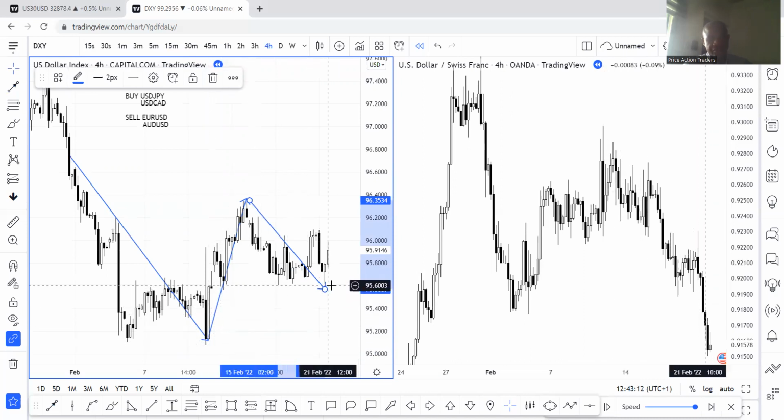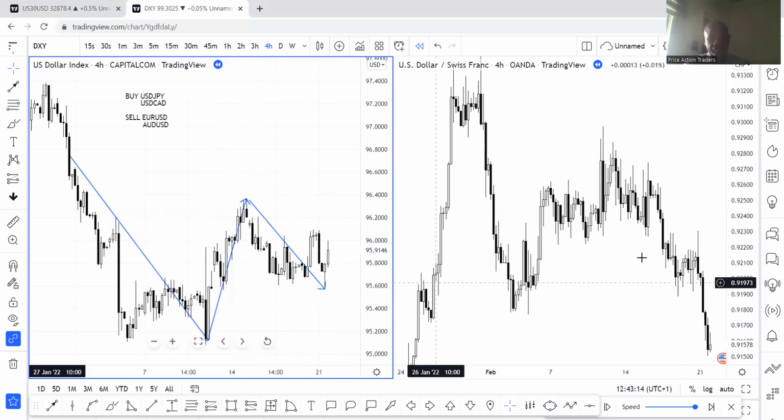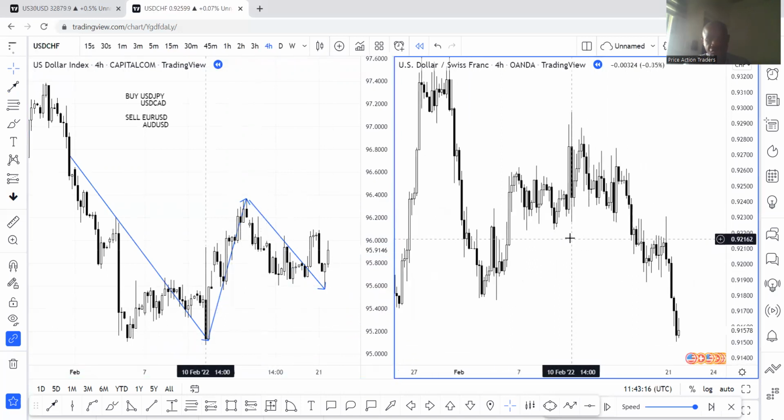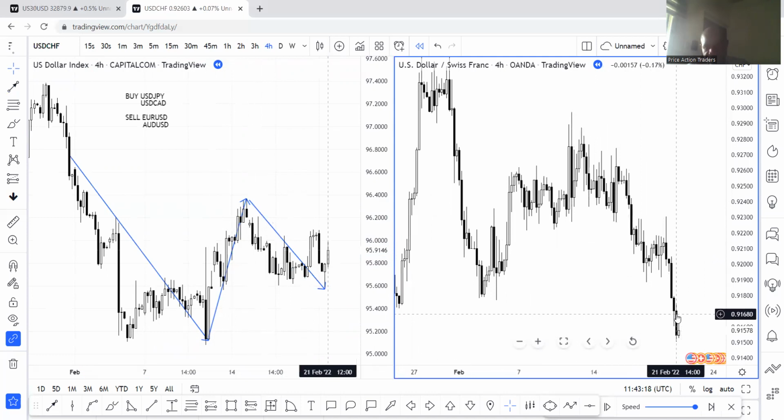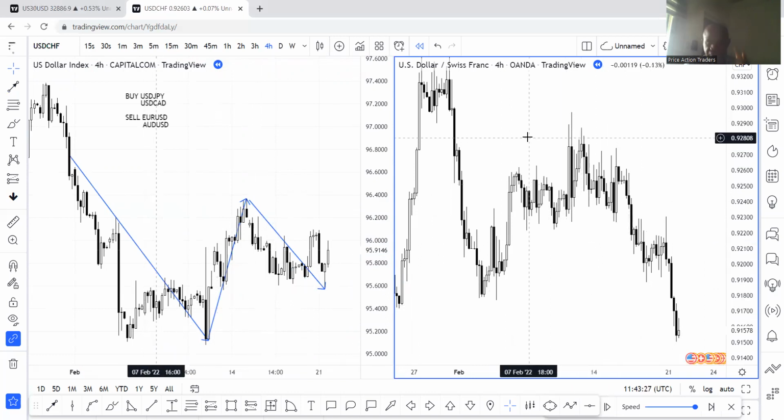So this is a higher low, right? A higher low. But here at about 14 GMT, this is 12 GMT. So you see the same within the same time zone.